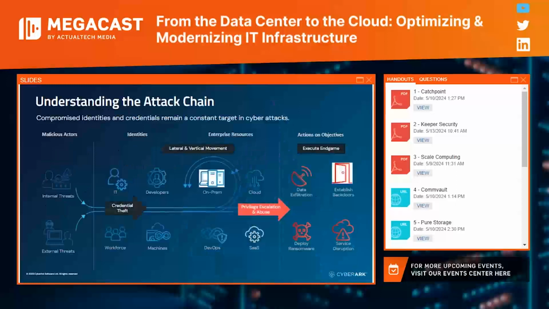Now, before we talk about sessions, though, I want to talk about the attack chain and why it's so important that we really rely on the basics, or that we address the basics of the anatomy of an attack and how attackers like to leverage identities within our specific environments. Whether they're an internal threat or an external threat, there's a really good chance that they're going to start on the endpoint.